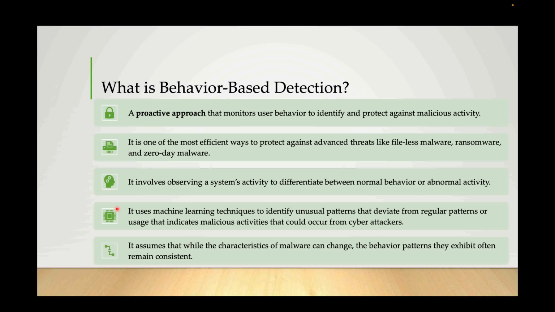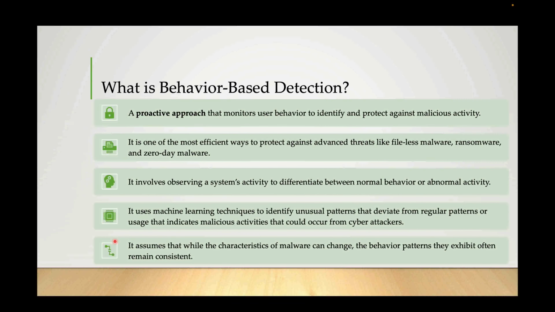By the way, the reason why they have been integrating machine learning for a long time is that it enhances behavior-based detection by automatically learning and adapting to evolving patterns of normal and malicious behavior, which means it is going to improve the accuracy and efficiency in identifying those threats.